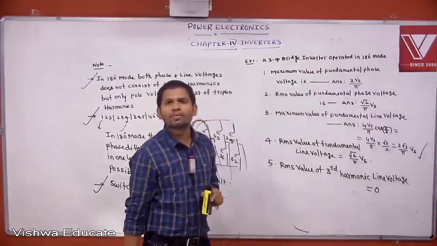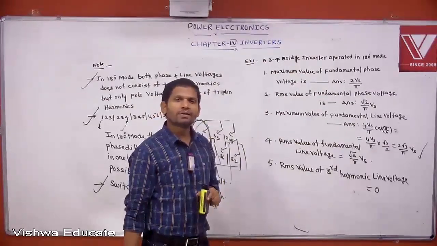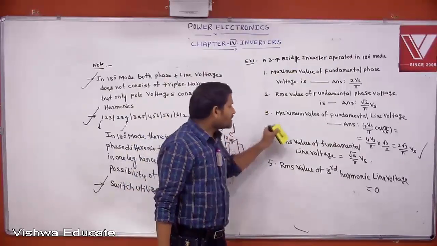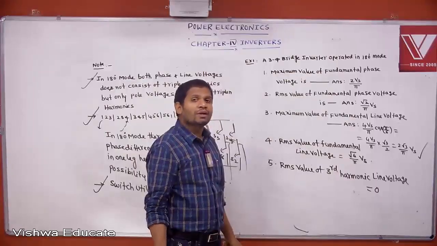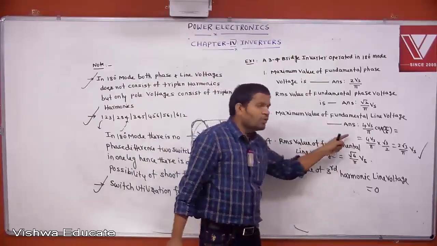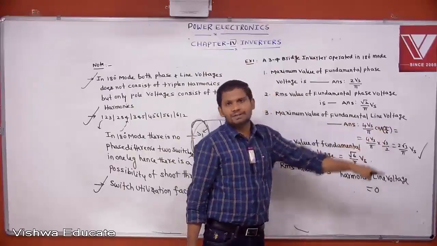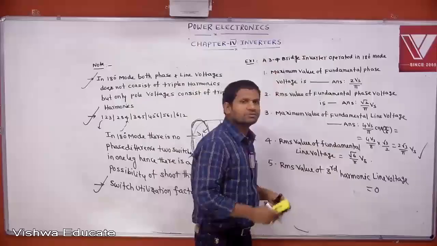All triplen harmonics are absent. Understood? Like this, you answer any question. If it is asked, fifth order harmonic line voltage, it means 4 Vs by 5 pi cos of 5 pi by 6. N equal to 5 you can replace. Like this you can answer any question.